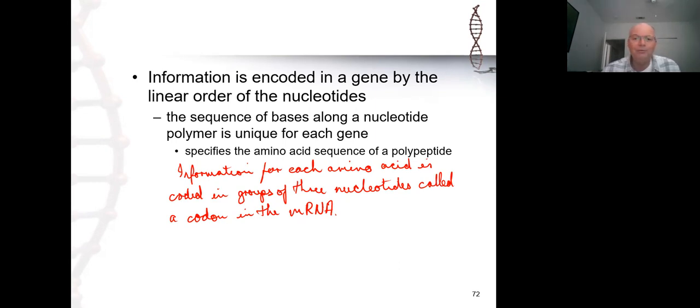It took about 12 years or so, from 1953 through to around 1965, 1967, somewhere around there, to fully decipher the genetic code. But when we get into chapter 16 and particularly chapter 17, we'll talk more about the genetic code and how that information is arranged, how the codons are organized.